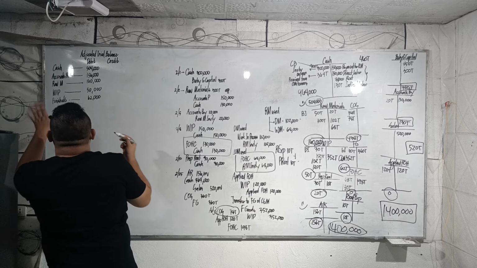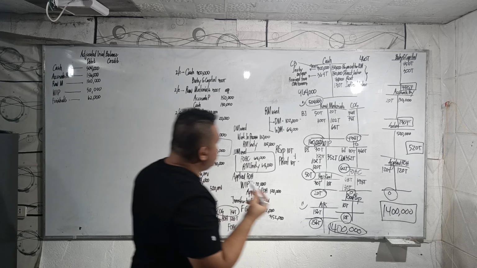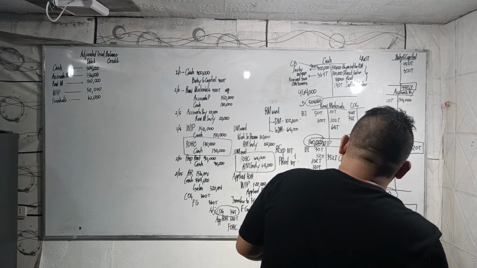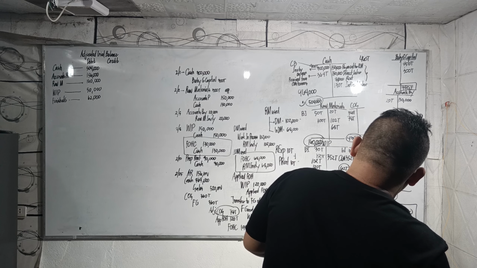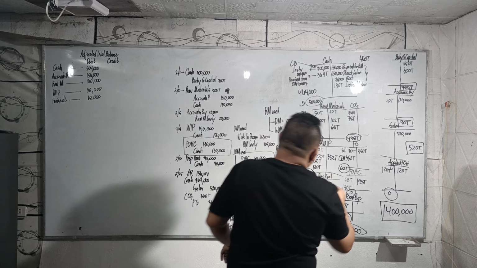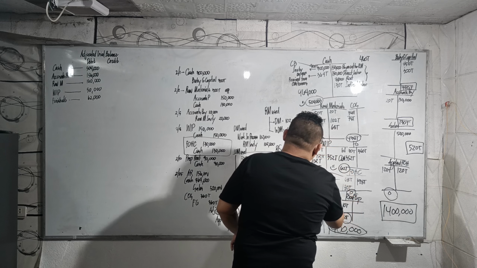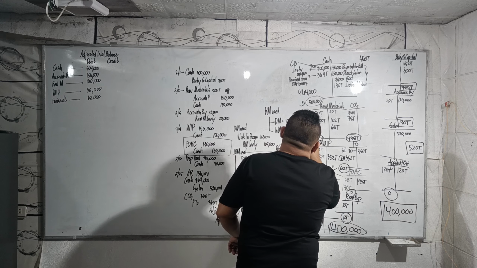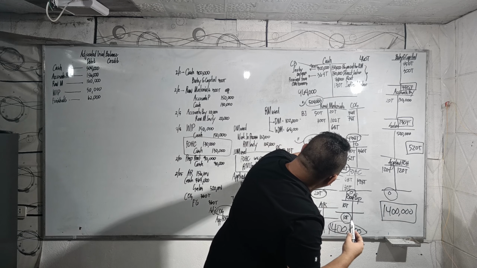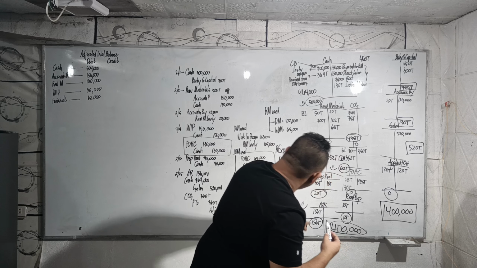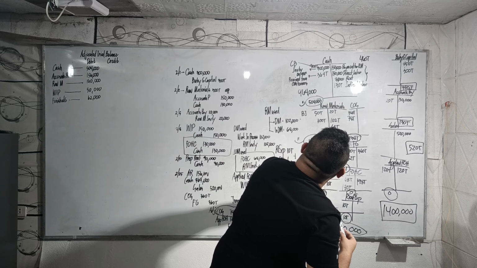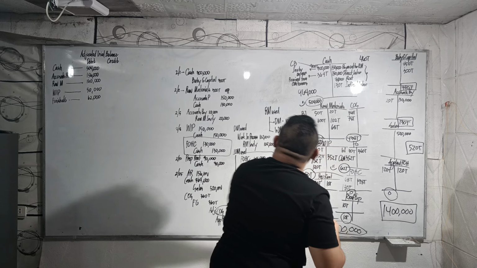So that's cash, receivables, and inventories. Next, do we have any other asset? Yeah, we have. This is done. This is done. This is done. So cost of sales, finished goods is done. Rent expense. We have prepaid rent here, right? We have prepaid rent.